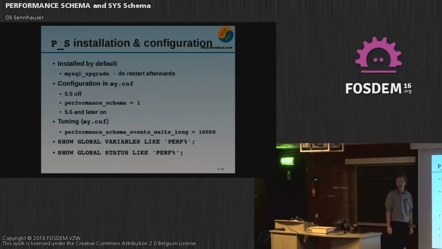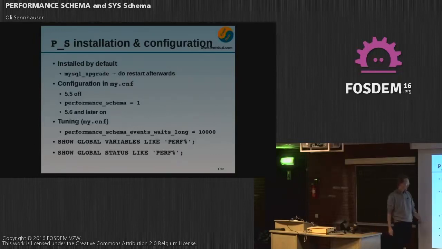I just found out yesterday it's a good idea to do a database restart after an upgrade of the performance schema, otherwise it will not see the new structure. How is it configured? In MySQL 5.5, it's off. You can configure it in the my.cnf. You do it by performance_schema=1, or if you want to disable it, =0. And in 5.6 and later, it's on.